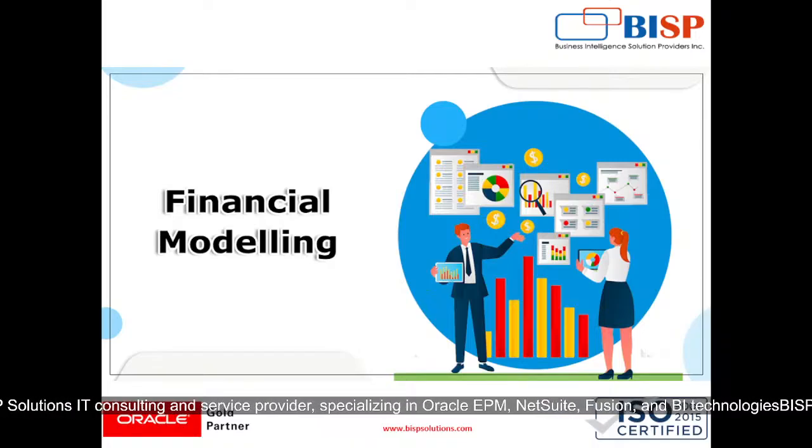In our previous sessions we have learned about the common size statement, which is of two types: the income statement and the balance sheet, which we have already prepared. If you are new to this channel, please start with the basics first and then come to this webinar so that you get clarity on what we are doing in our session.